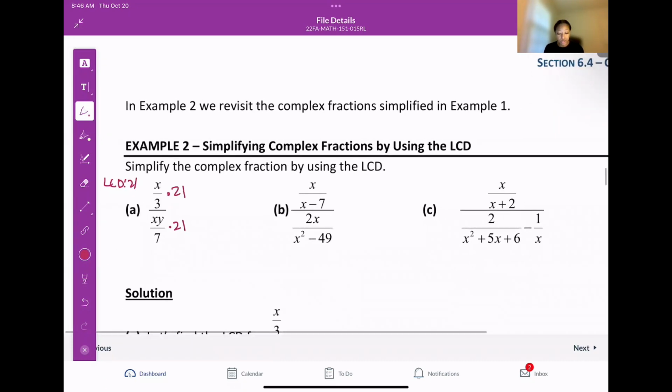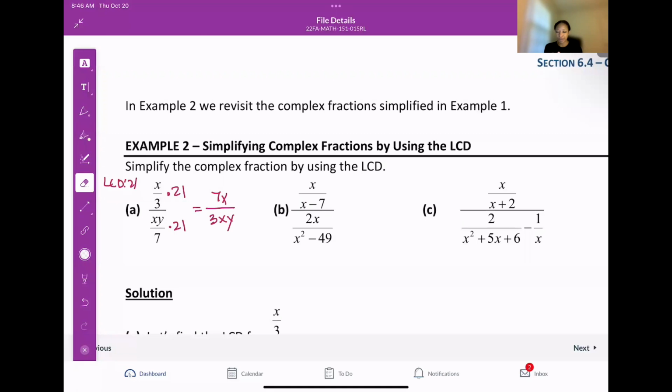What happens when we do that? When we multiply x over 3 by 21, 21 divided by 3 is 7. So the 3 in the numerator is going to cancel out. The numerator just becomes 7x, and the denominator, 21 over 7, gives us 3. So this would become 3xy.